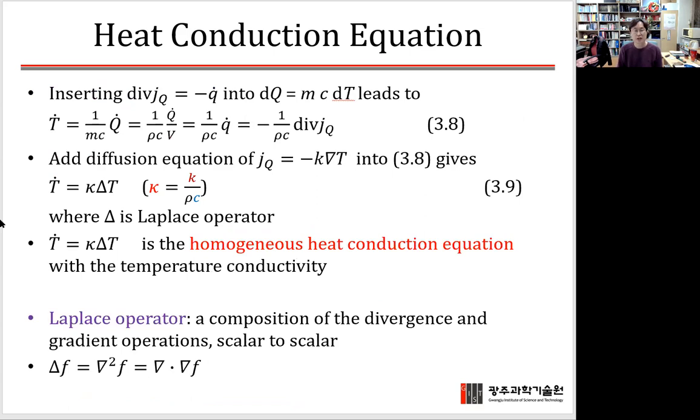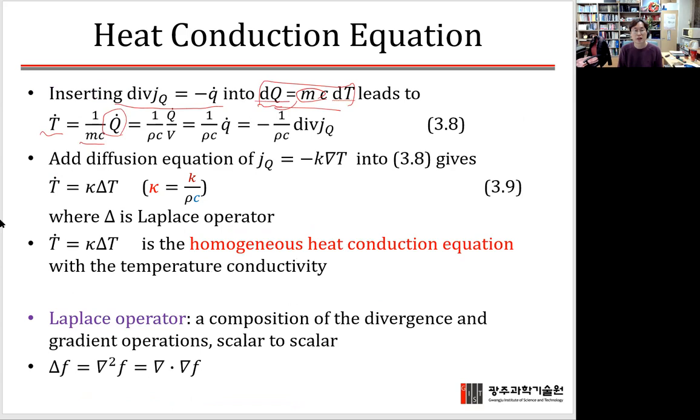So when we are inserting divergence J_Q is minus Q dot into the previous equation, the heat content equation, we can see T dot is 1 over mC and then Q dot.